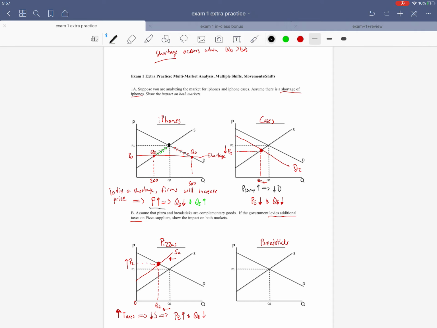But let's look at what's going to happen in the market for breadsticks as pizzas now become more expensive. So similar to what we just did in this table above, we see that the price of a complementary good is increasing.